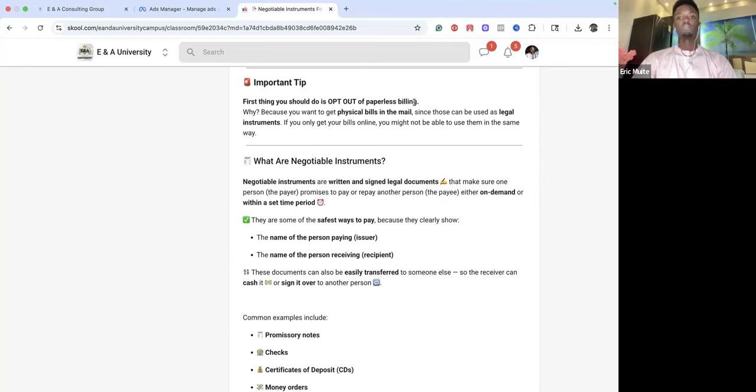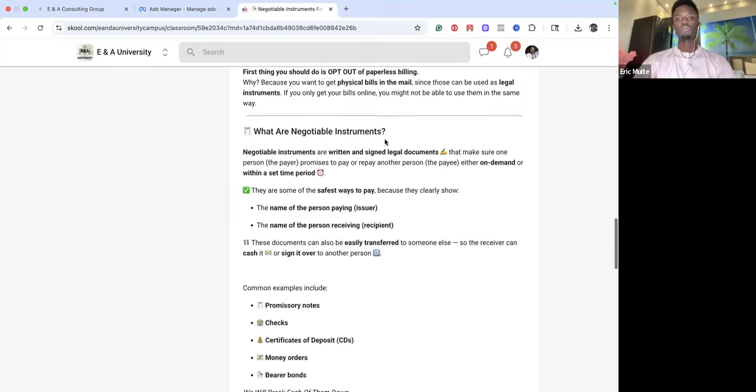So you want to make sure everything is paper billing. You want to opt out of paperless. There's a reason why there's an incentive to opt into paperless, right? Whether if you got a phone bill, they want to chop down your monthly credit card bill, or they'll give you some sort of a monthly discount, right? They're giving you an incentive. There's a reason why. And so pay close attention to all those cues.